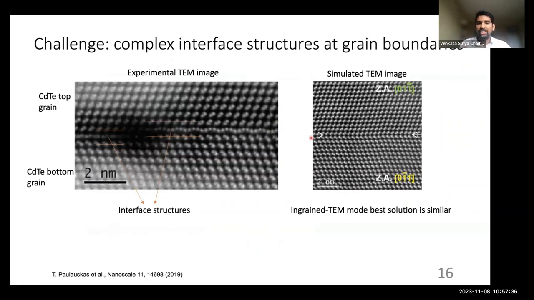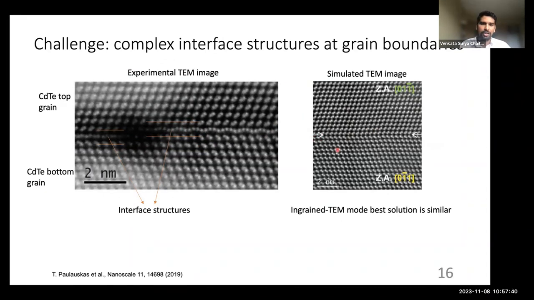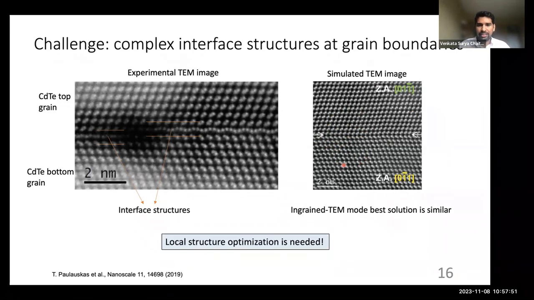However, if we only consider creating an interfacial structure with the knowledge of the grains, we'll get something like this, which is not sufficient to describe the phase in the interface. So we have to do local optimization near the interfacial region, either using density functional theory or molecular dynamics.